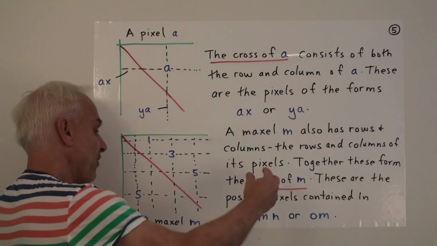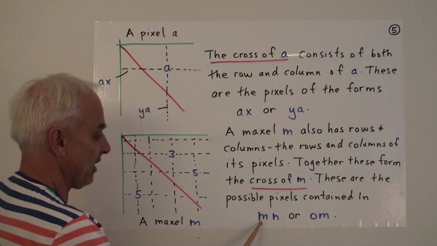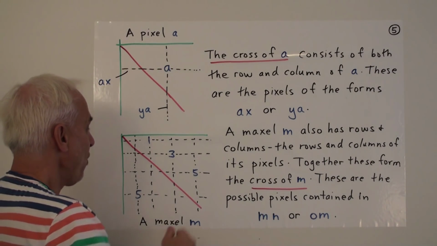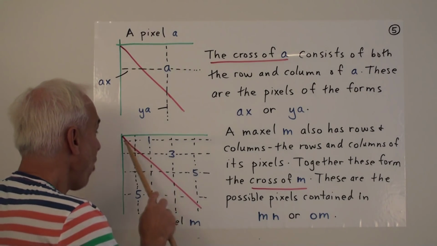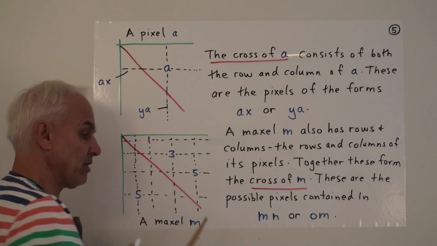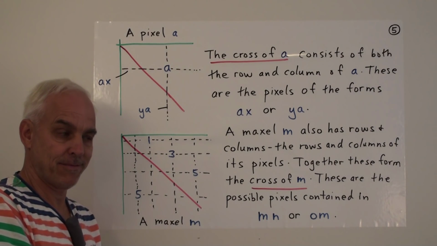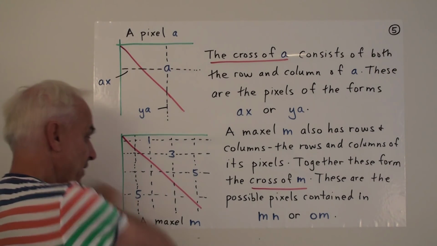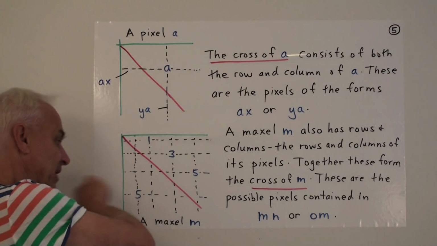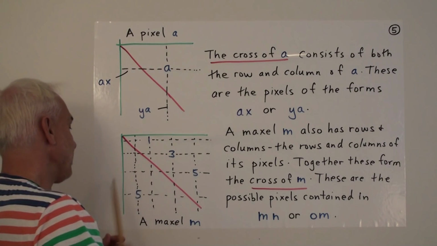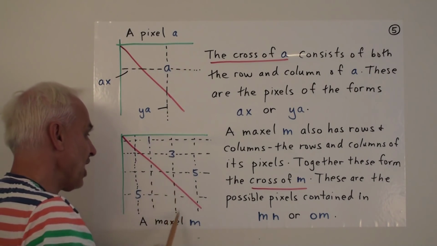And if we multiply on the right, something like Mn, then we know that at the individual pixel level, the pixels that we're getting are all in these rows, the rows of the pixels of M. And if we multiply on the left, say Om, then for each of the pixels that we're multiplying, we're going to get pixels which lie in the columns.